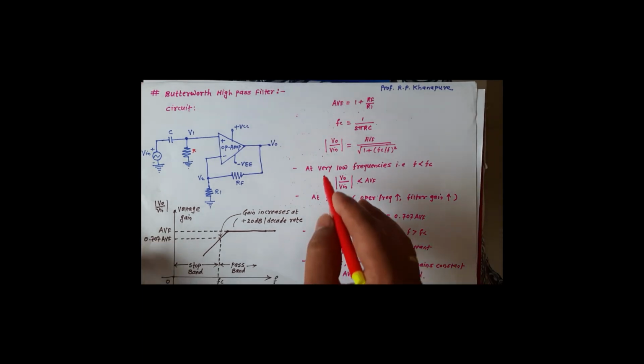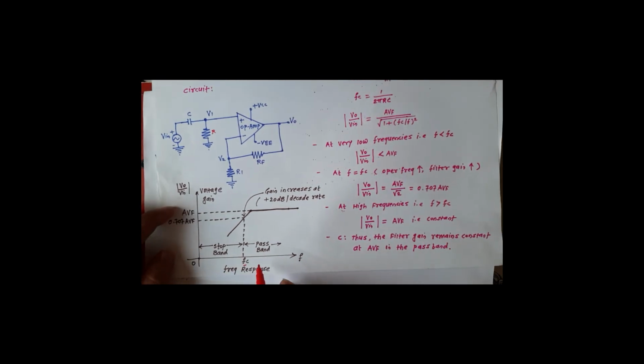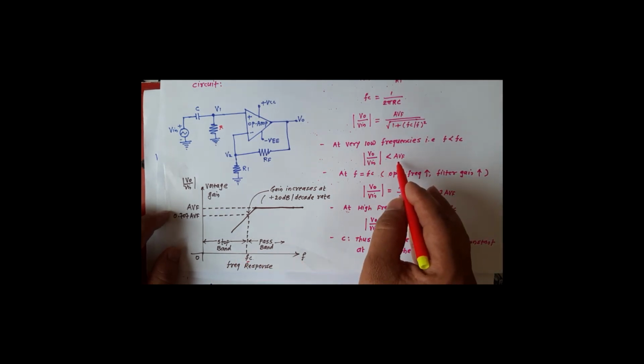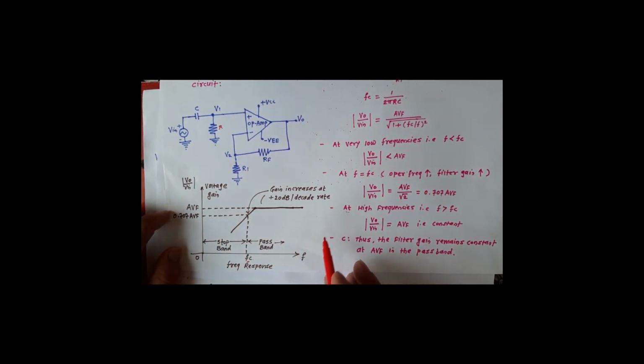Now from this equation we can take the three conditions or three operations of the high pass filter. Number one, when the operating frequency is very low, that is when f is less than fc, the magnitude of voltage gain is less than AVF. This is the first condition.